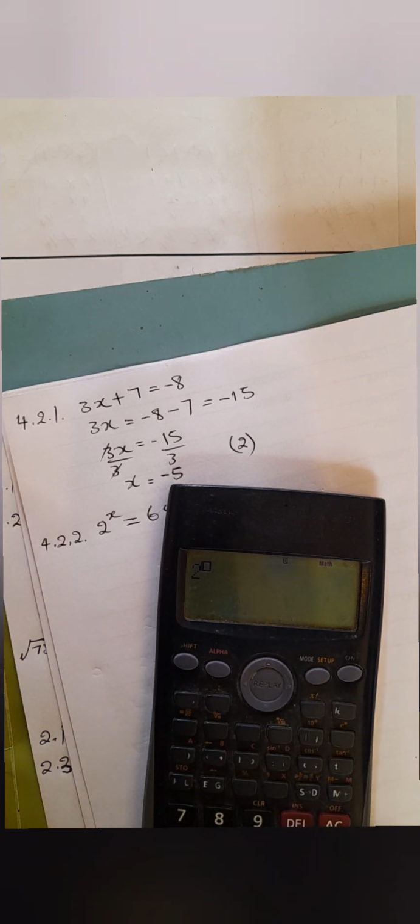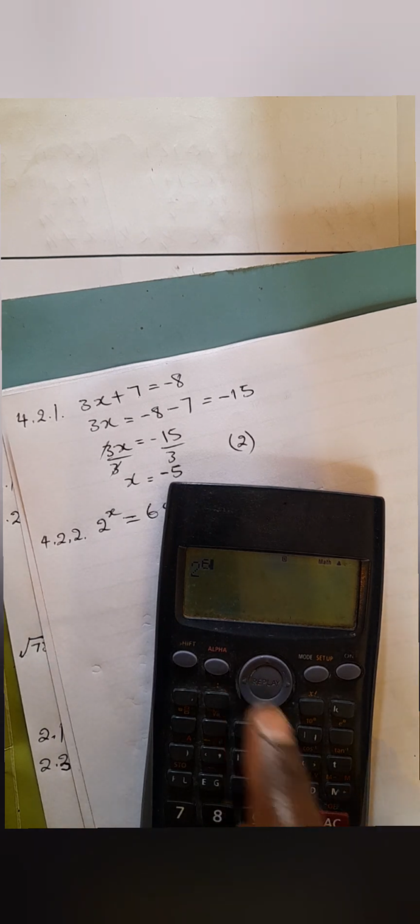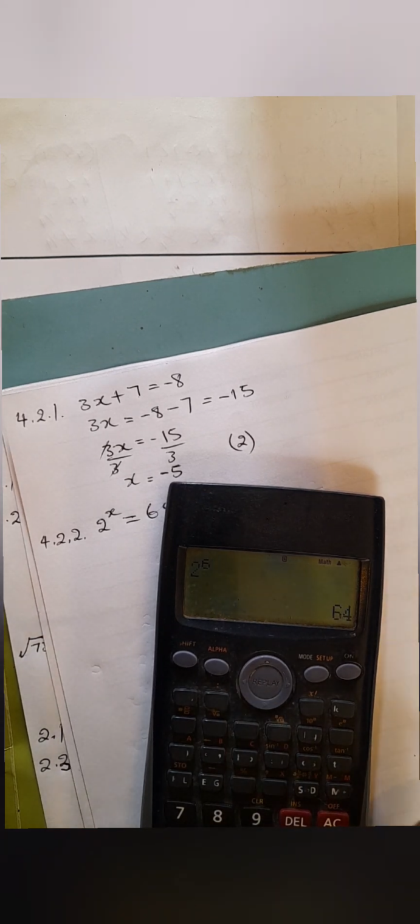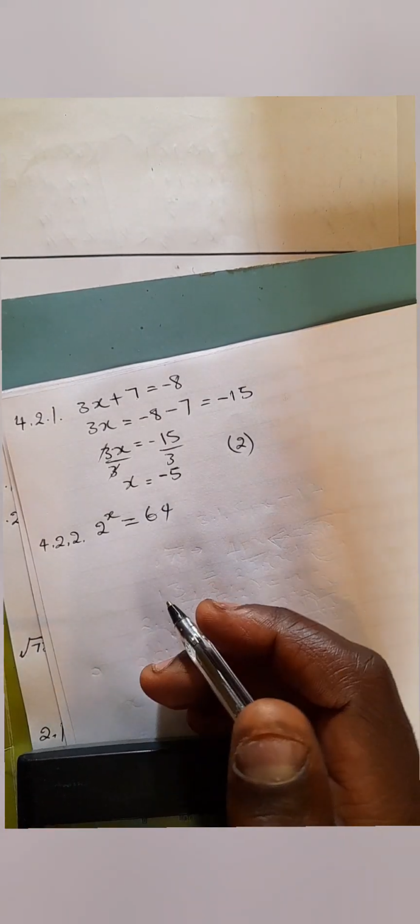So 2 to exponent 1, I know that it's equal to 2. 2 to exponent 2 is 4. 2 to exponent 3 is 8. 2 to exponent 4 is how much? 16. 2 to exponent 5 is 32. 2 to exponent 6 is 64, what I am looking for.